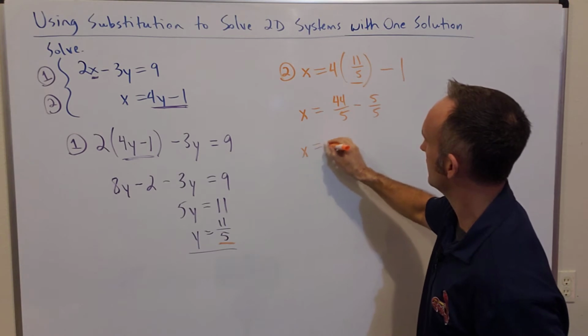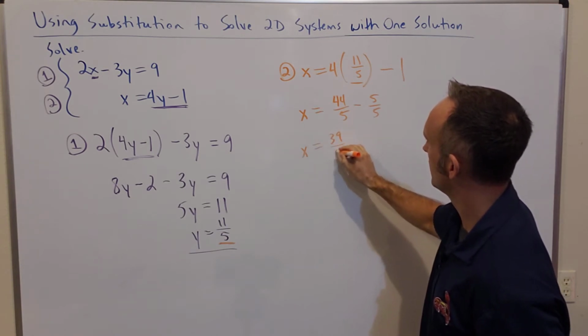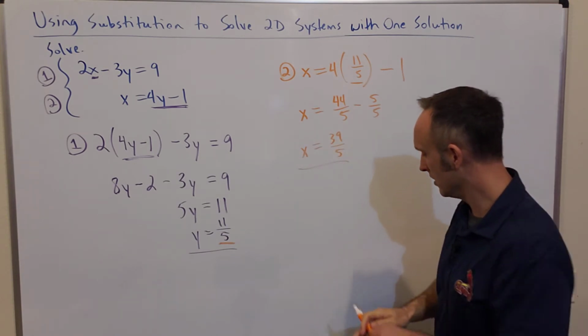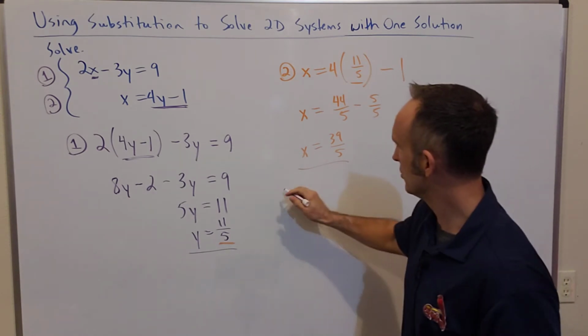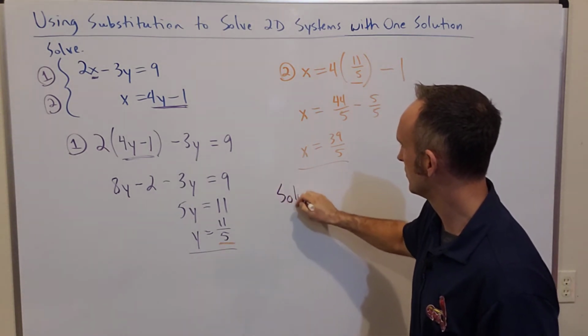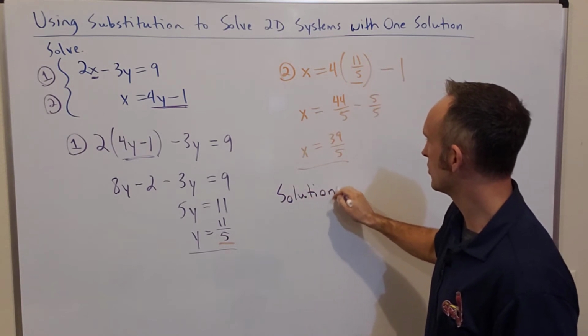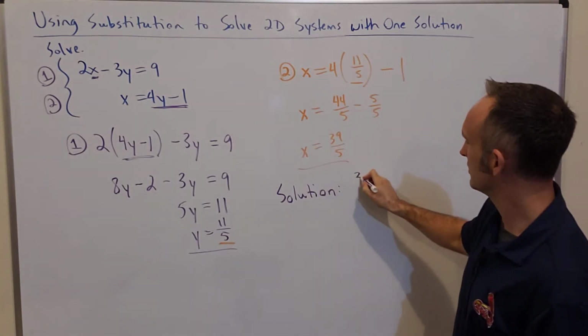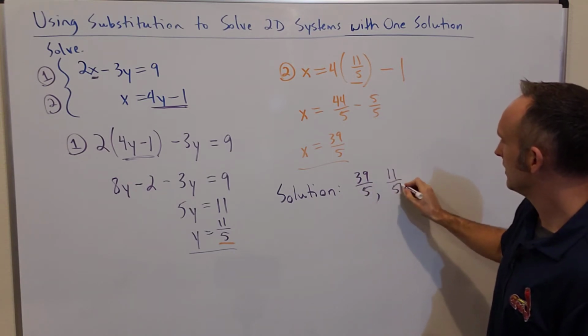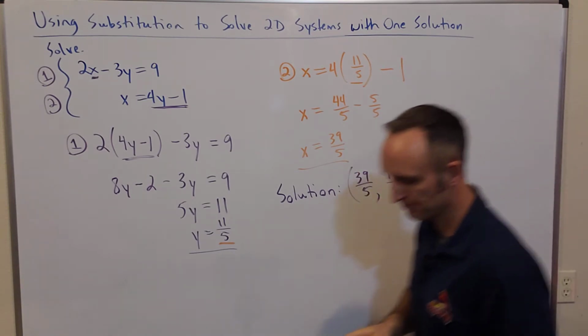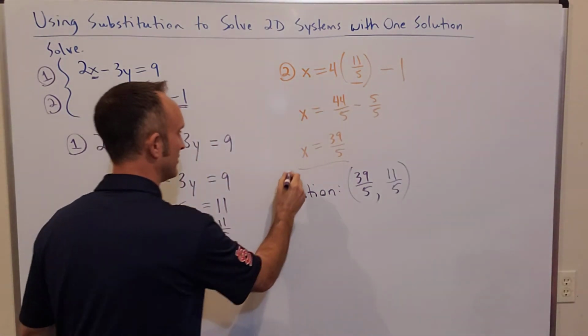So x is 39/5. So the final solution to the system is the ordered pair where x is 39/5 and y is 11/5, okay? So that's the answer.